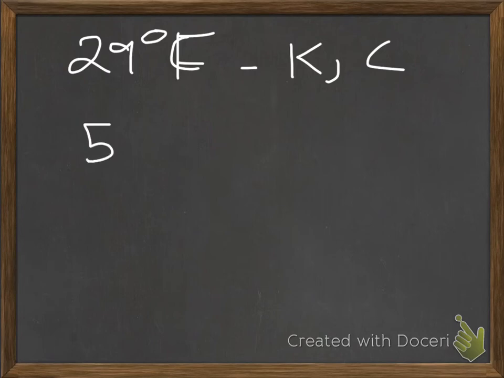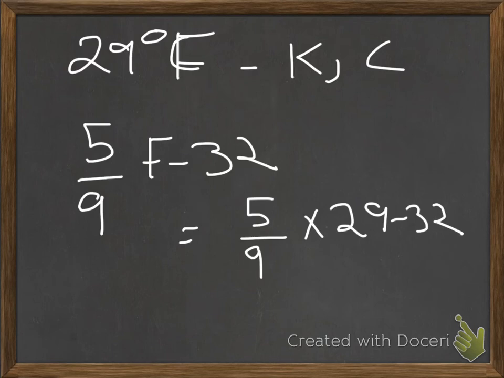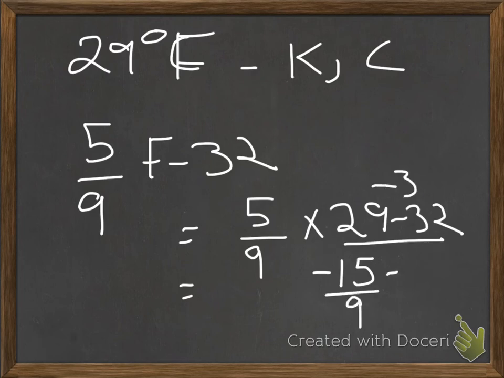It will be 5 by 9 into (F minus 32). That equals 5 by 9 into (29 minus 32). Just subtract this: 5 into minus 3, minus 15 you will get, over 9. Minus 15 by 9 is minus 1.6 degrees Celsius. So the answer for that question is minus 1.6 degrees Celsius.